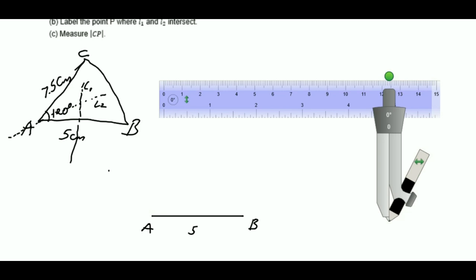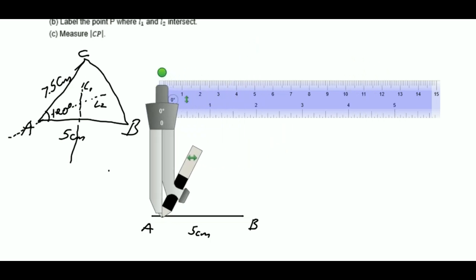Then I have AB, 5 centimeters. The next thing I need to do is to construct an angle of 120 degrees. How do I construct 120 degrees? If you want to construct 120 degrees, it's like saying you want to construct 60 degrees. If you construct 60 degrees, then you have 120 degrees on the other side. How do we do that?